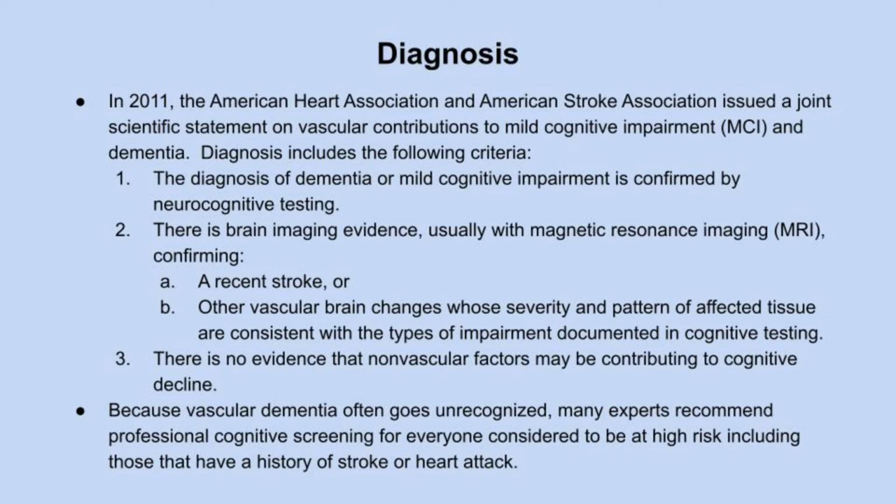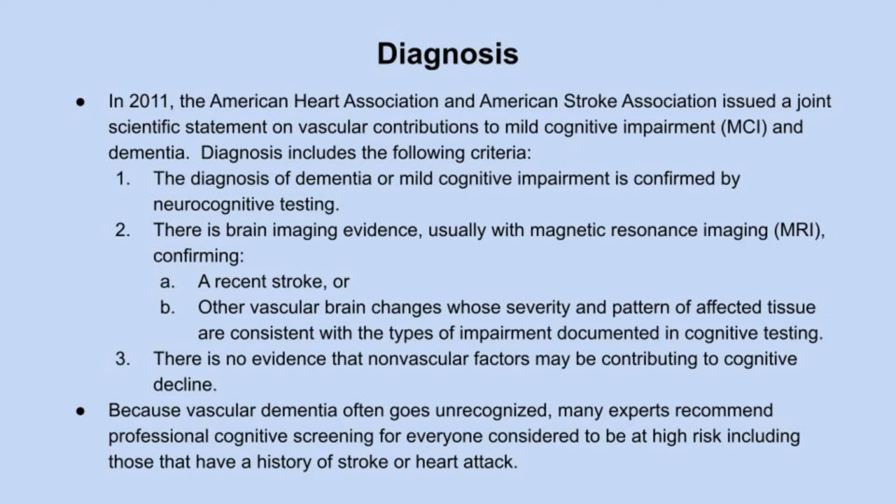But there is also brain imaging evidence, so usually an MRI, confirming a recent stroke or other vascular changes whose severity and pattern of affected tissue are consistent with the types of impairment documented in cognitive testing, and that there's no other evidence of non-vascular factors that may be contributing to cognitive decline.